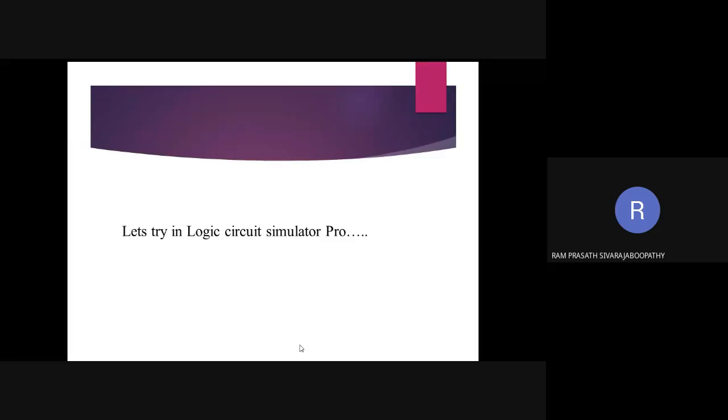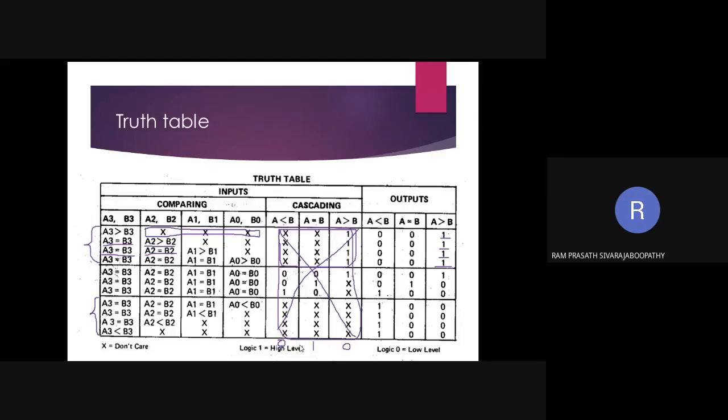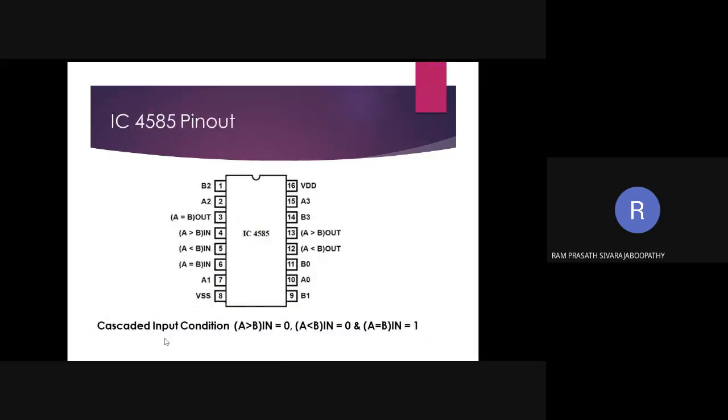So now I am going to present it from my mobile phone. So we'll do the experiment. What are the pins we have to note down? A3, A2, A1, A0, a 4-bit data. Then B3, B2, B1, B0, another 4-bit input we are going to give.